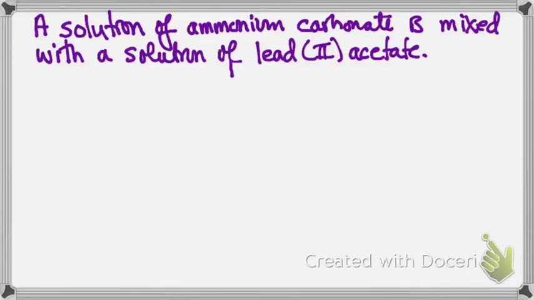So we're looking at a narrative description of the following chemical reaction. Solution of ammonium carbonate is mixed with the solution of lead-2 acetate. So we know ammonium is NH4 plus 1. We know that carbonate is CO3 2 minus.